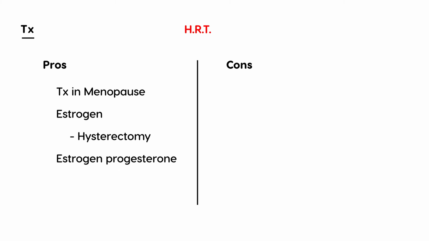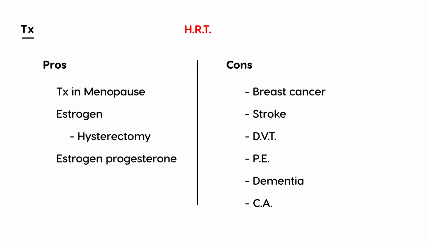All right, so it's so great. Why don't we just give it to everybody? Well, because hormone replacement therapy has its cons. And what are some of them? Well, it's a pretty impressive list of cons. Increased incidence of breast cancer, stroke, DVT, deep venous thrombosis, pulmonary embolism, dementia, and coronary artery disease.